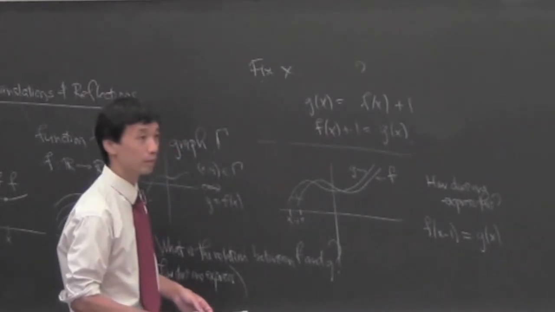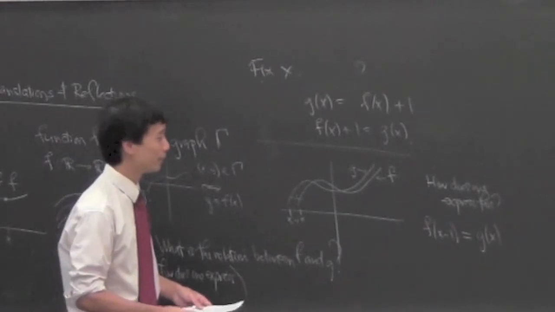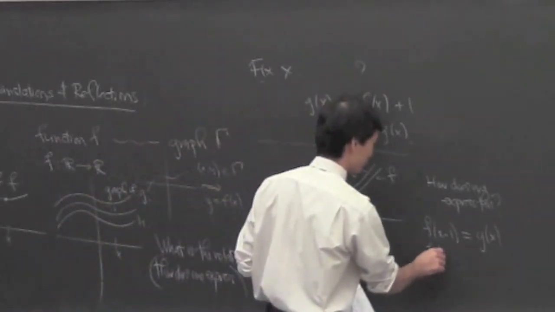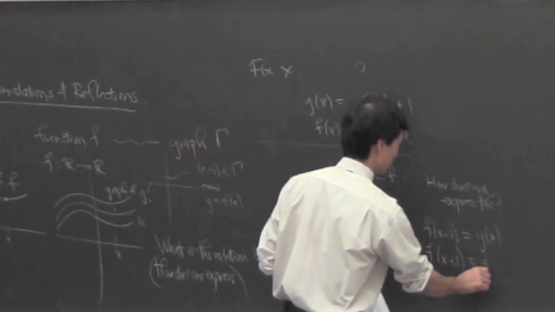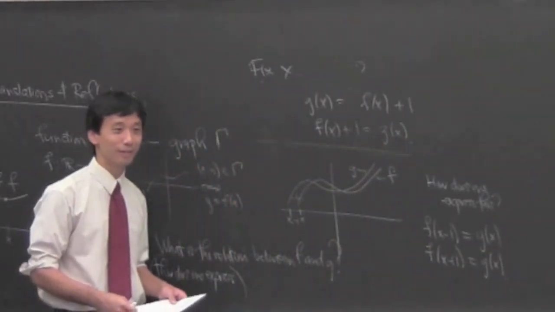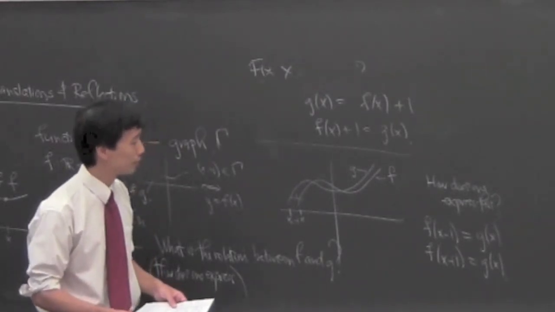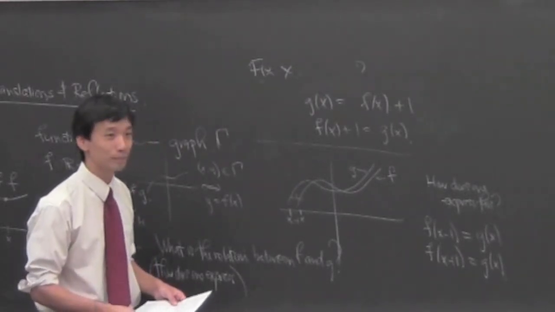Isn't it plus 1? Is it plus 1? F of x plus 1 equals g of x. Well, g is moving to the left 1 unit on the x-axis, and so it's more negative than f is. Does that make sense?